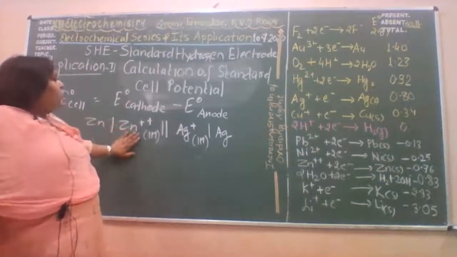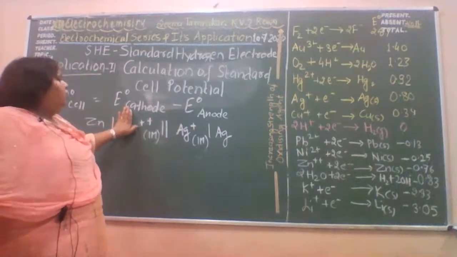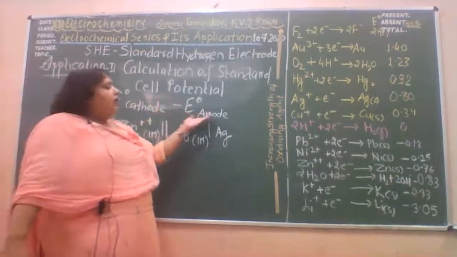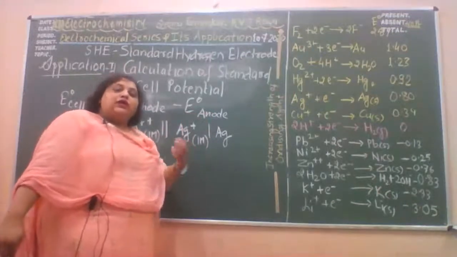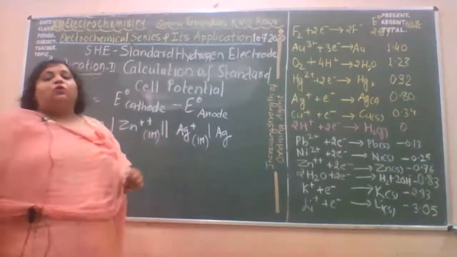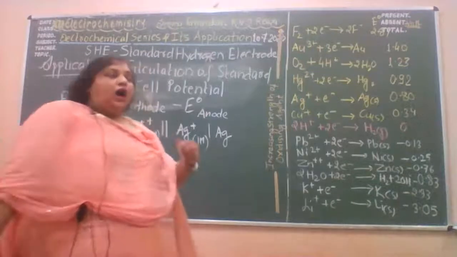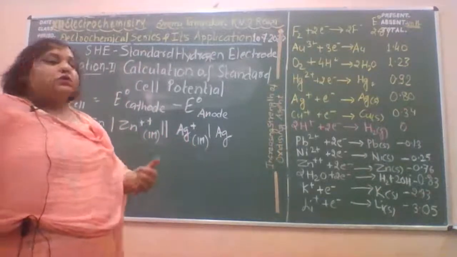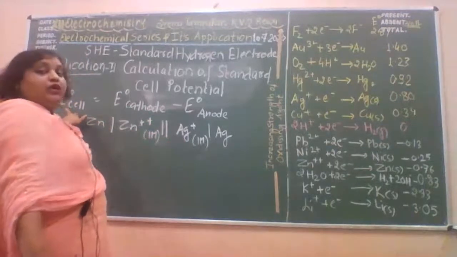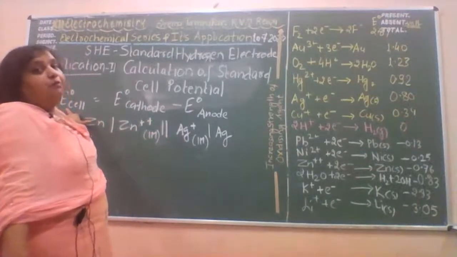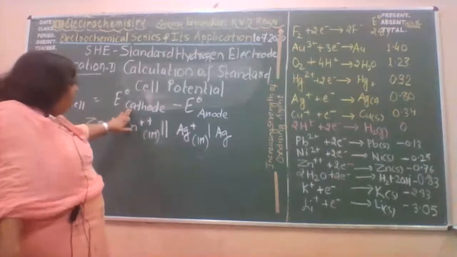Now from this you have to substitute the value of E cathode and E anode. My dear students, if you get confused, the one thing I want to tell you is you have to write the values in such a way that the value of E naught cell must come positive, right?